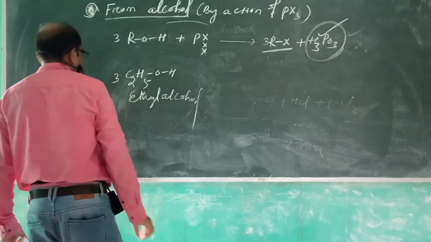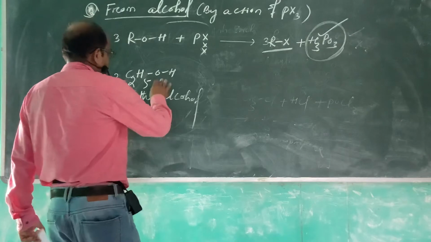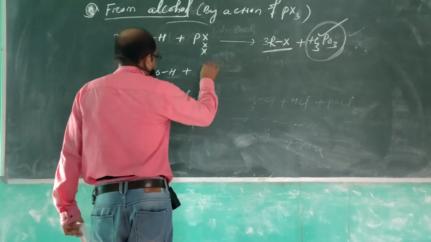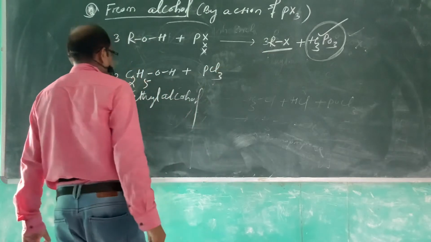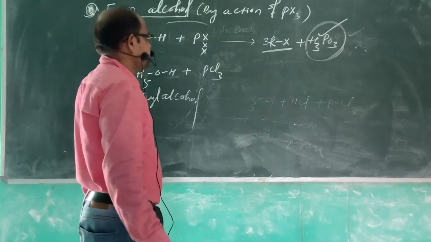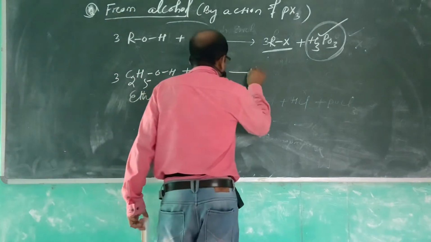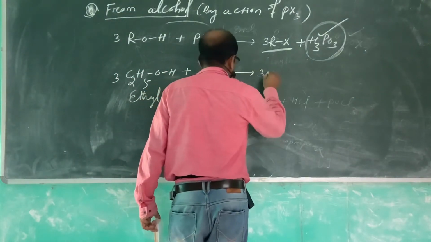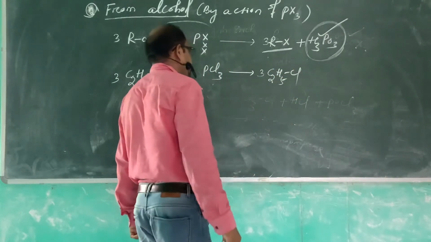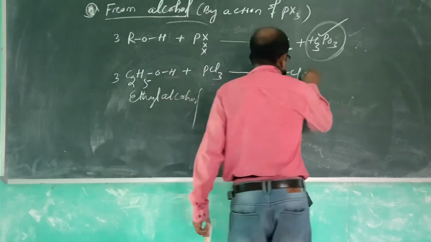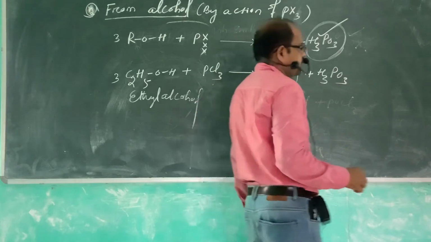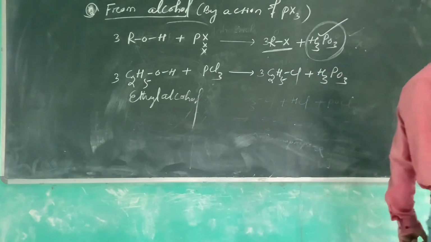We take 3 molecules of ethyl alcohol to react with PCl3, that is the formula for phosphorus trichloride. We can get 3 C2H5Cl, called ethyl chloride, plus H3PO3, phosphorus acid.